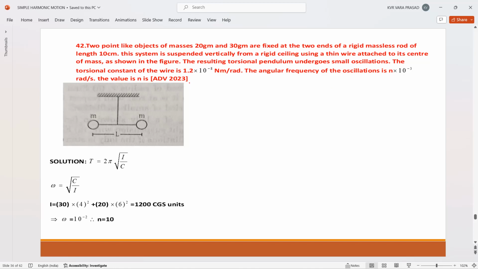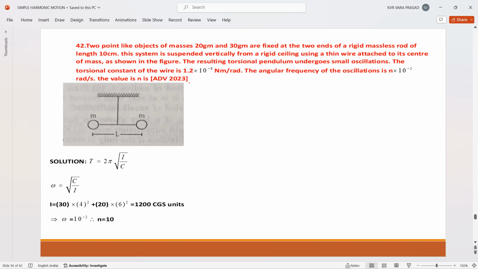This system is suspended vertically from a rigid ceiling using a thin wire attached to its center of mass as shown in the figure. The resulting torsional pendulum undergoes small oscillations. The torsional constant of the wire is 1.2 10 power minus 8 Newton meter per radian. The angular frequency of the oscillations is n. The value of n is.